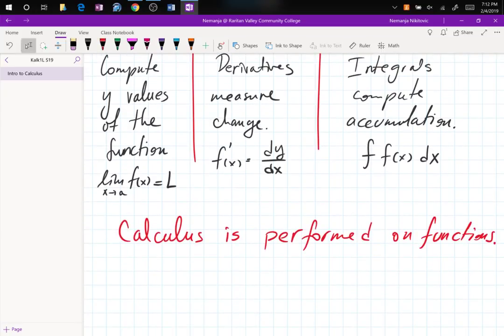There are certain non-function situations where you can do things with calculus, but for most of our application here, it's functions that calculus is applied on.